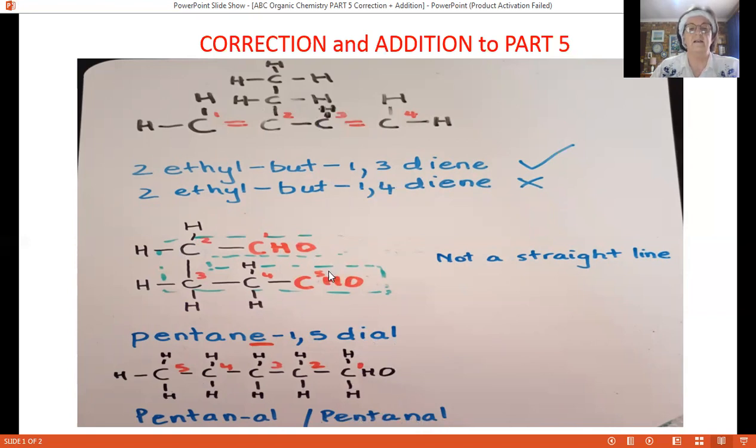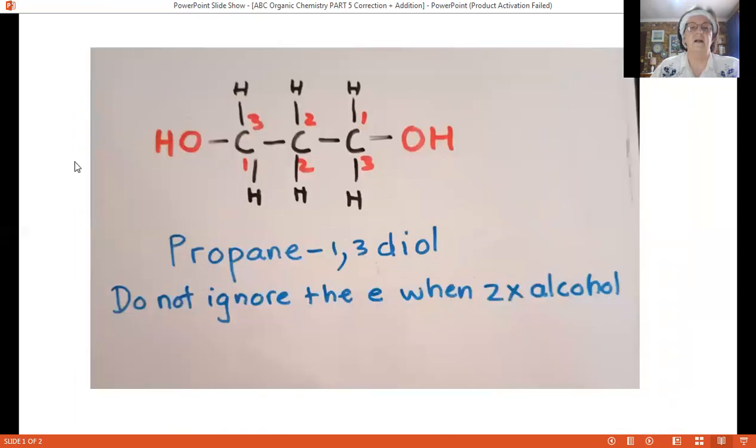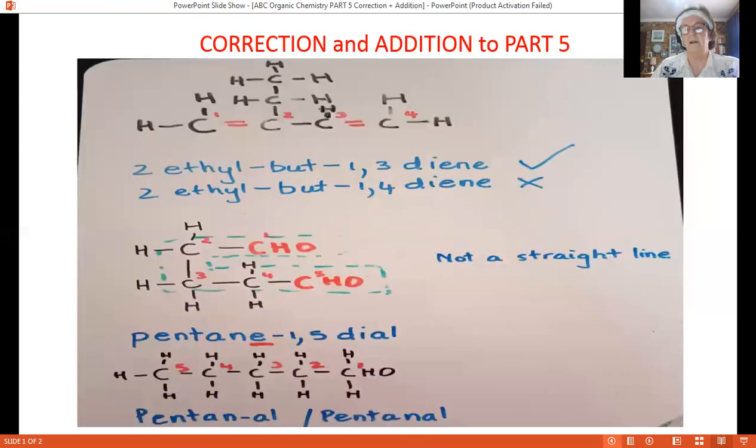Remember, it's always at the terminal sites. Here we've only got one, so therefore it's pentan-1-ol, but we also write it as pentanol, and you remove the E. Here you do not remove the E. And then the example of 2 alcohols, it's diol, the suffix being ol, do not remove the E. So I just added here the rules that I didn't do in part 5.